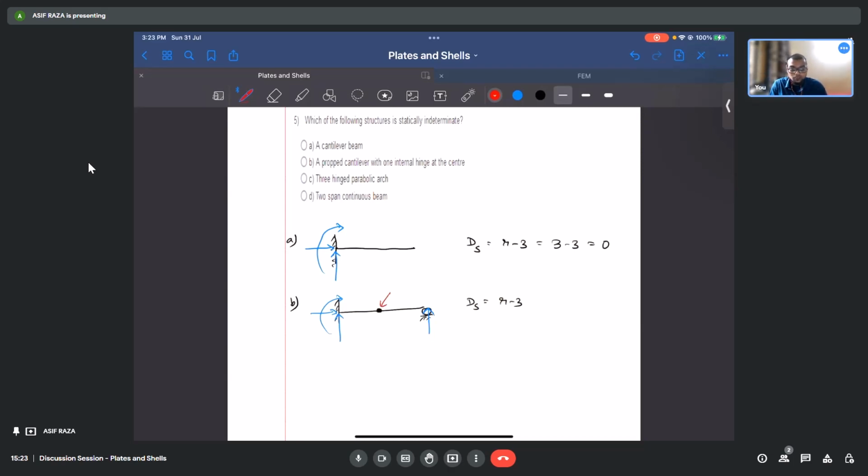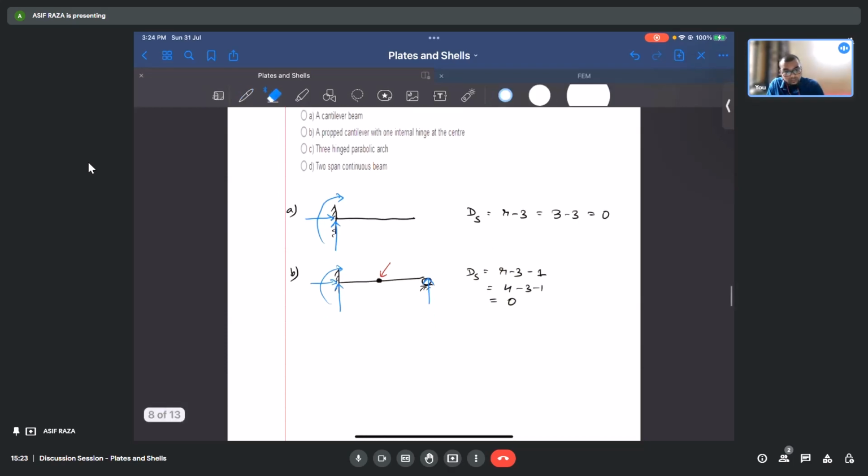This will give me that the summation of moment at this point is equal to 0. So 4 minus 3 minus 1 will give me 0. So this is also a statically determinate structure.